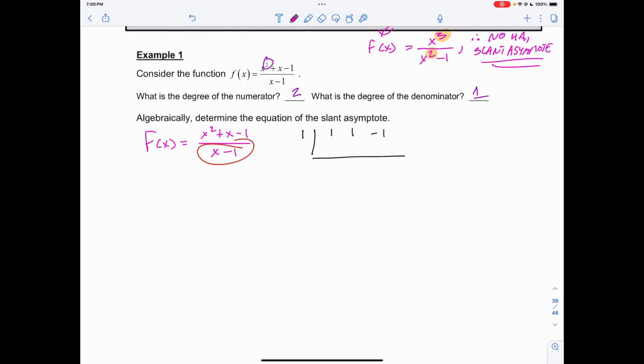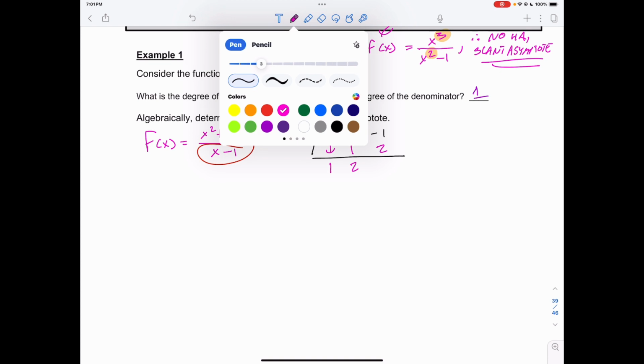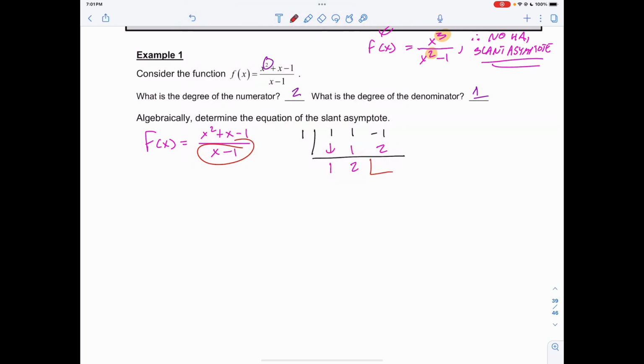And the first one's going to carry through. I'm going to multiply that to get 1. I'm going to add those together to get 2. I'm going to multiply that to get 2. And I'm going to add those together to get a remainder of 1.